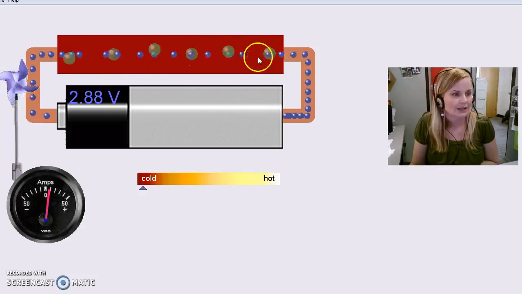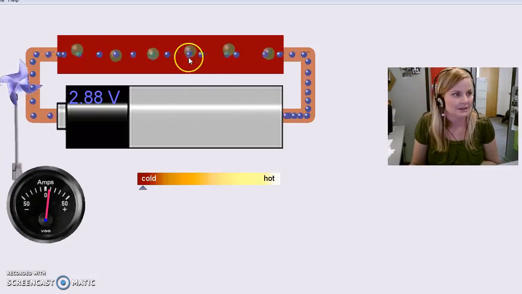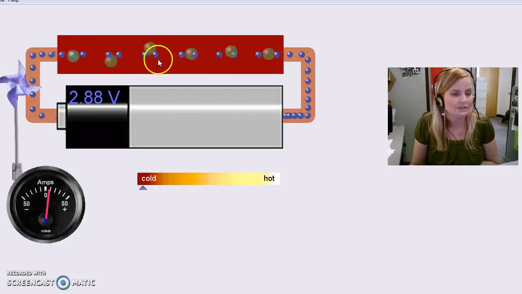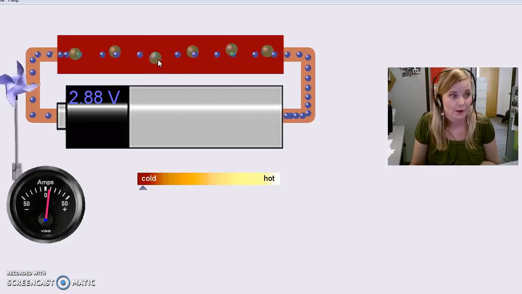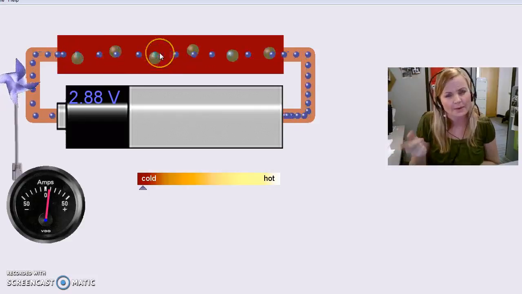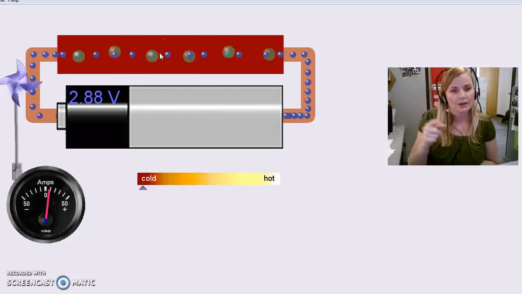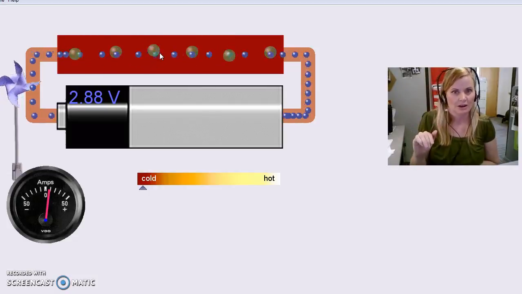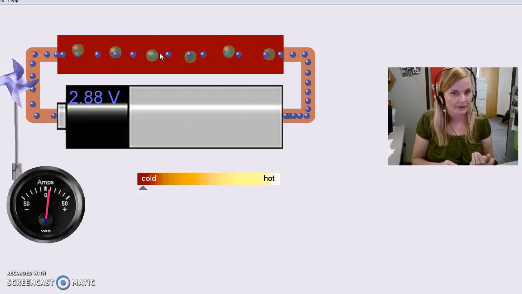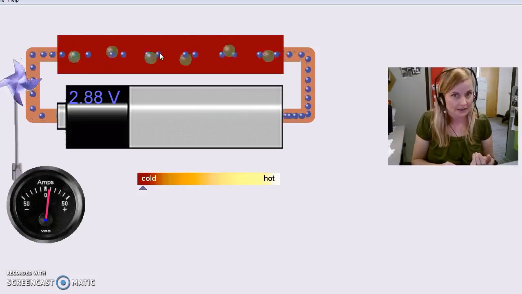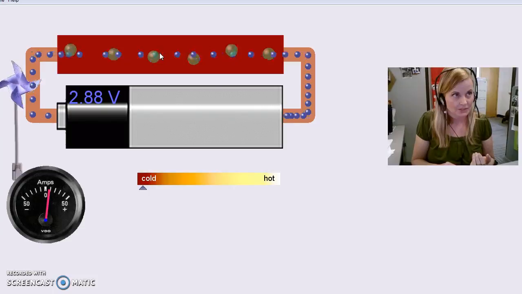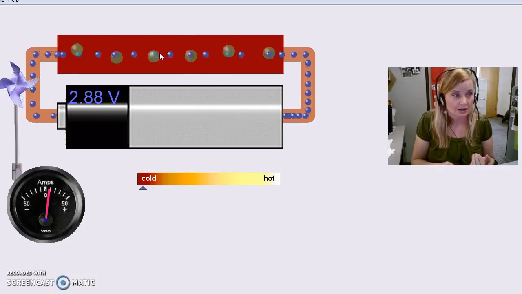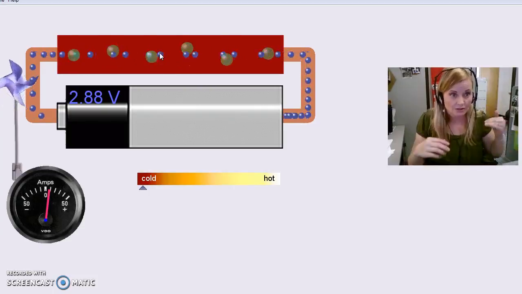Notice that it's vibrating, these atoms that are in the resistor, right? So think about how vibration of atoms is a measure of temperature, right? Because temperature measures the average kinetic energy of the atoms that are in motion.